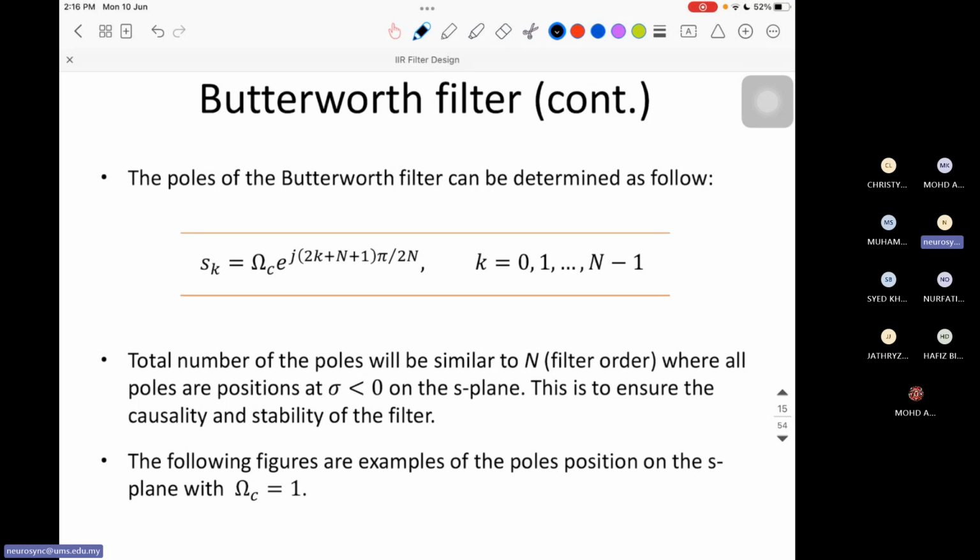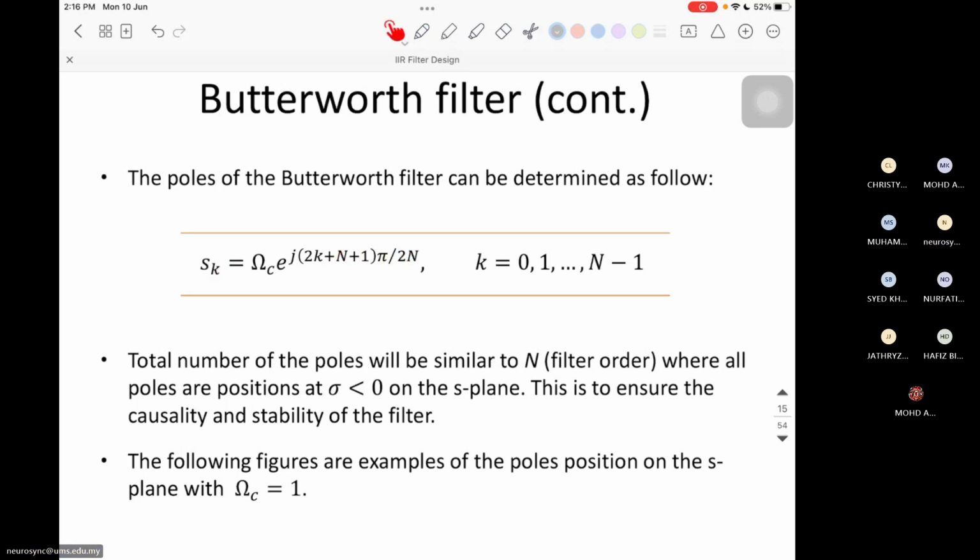Okay, this is the pole location, where k goes from 0 to n minus 1. So I can find the poles using this formula.